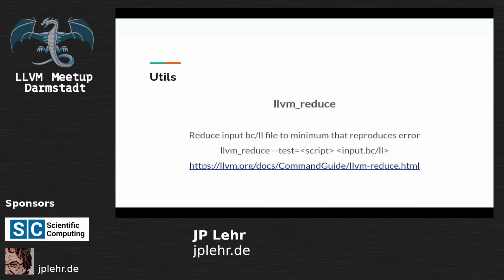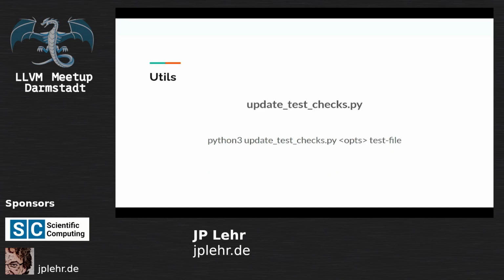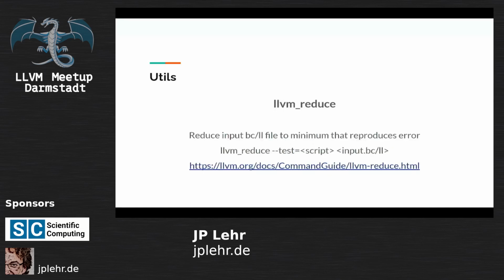Okay. First of all is LLVM reduce. This is used to reduce an input bitcode or LL file to a minimum that still reproduces the error, and you can use it pretty much like shown here. You call it, you give it a test script, and I'll have an example on some other slide of how that should look, and then the input file.